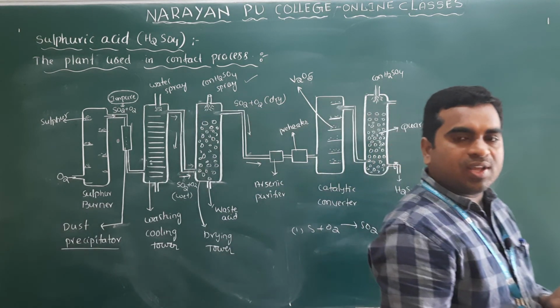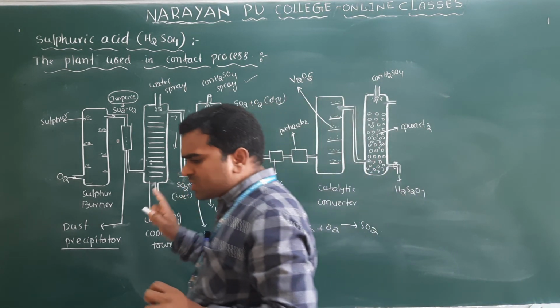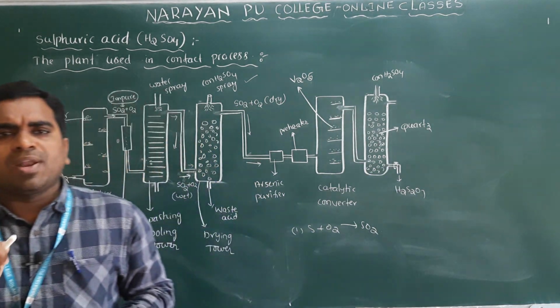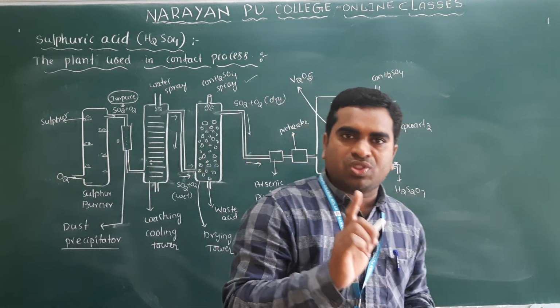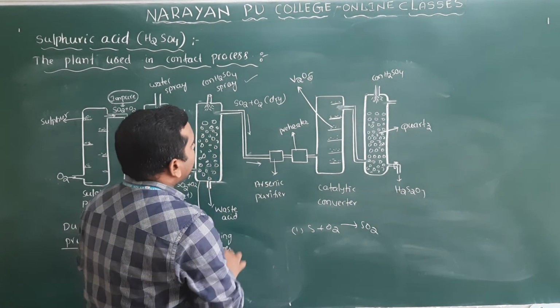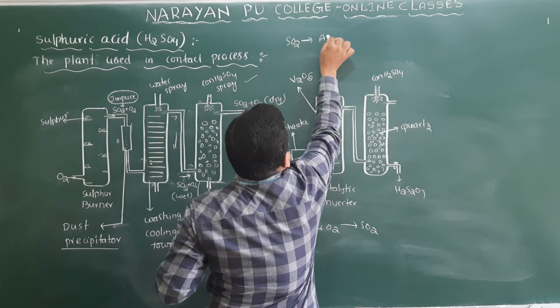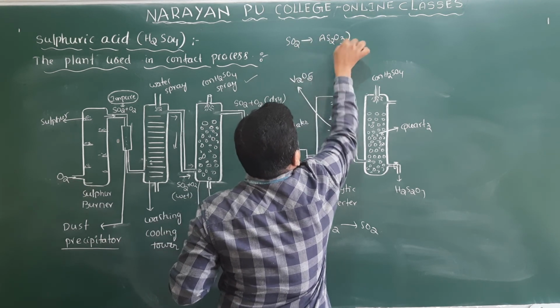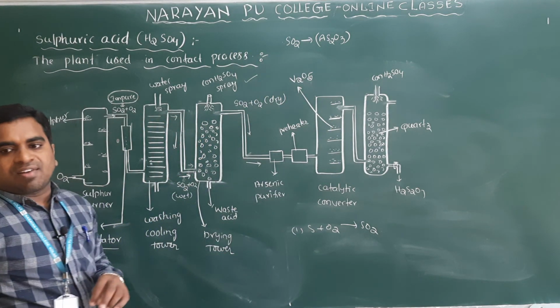Arsenic purifier is very, very important. Why? Because sulfur dioxide is mainly contaminated with arsenic trioxide, As2O3. SO2 is always contaminated with As2O3 impurity, which is commonly present in sulfur dioxide.